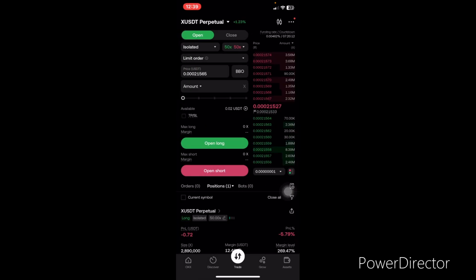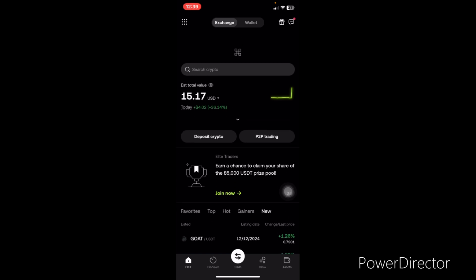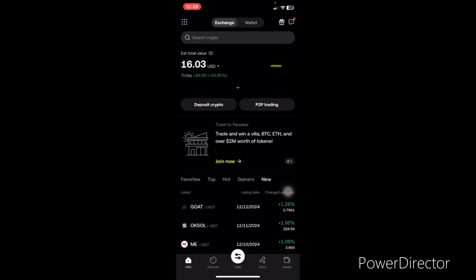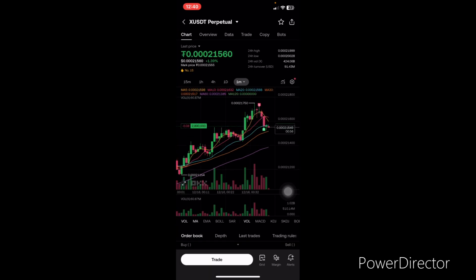If you come back to this side, you can see we are having $16, but as it drops, the amount goes down. Right now it has started moving back again. Our prayer is for it to move and cross the green line.